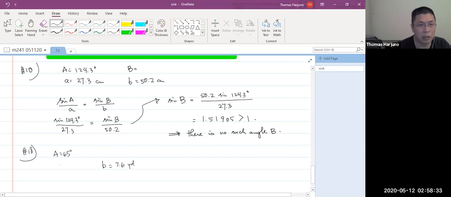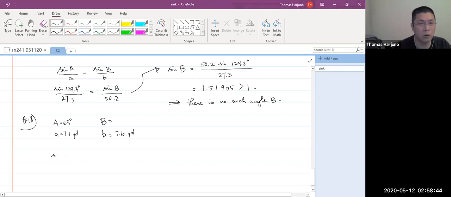Side A is 7.1 yards. And what is angle B? So sine A over side A equals sine B over side B. Sine 65 degrees over 7.1 equals sine B over 7.6.